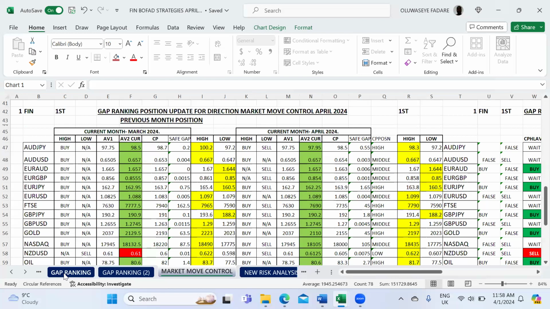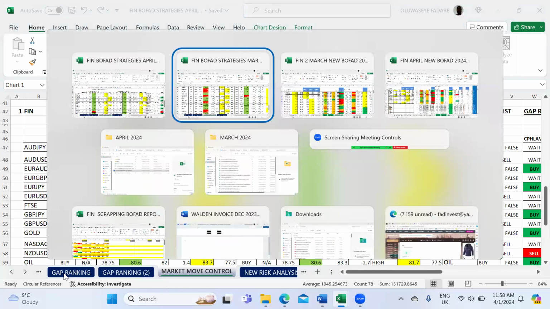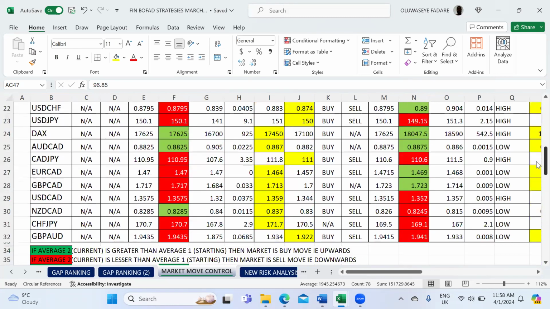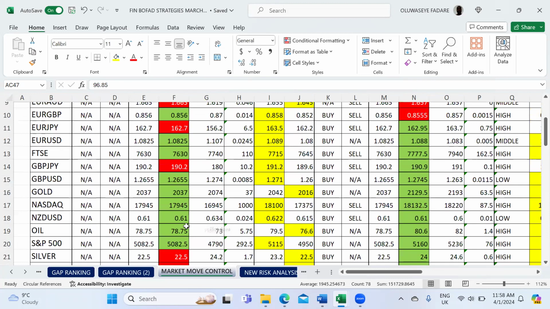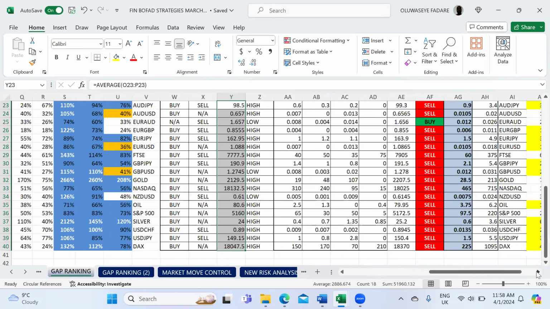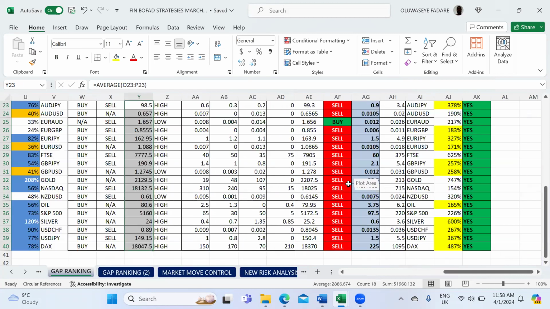Okay. So as you can see, with this information, we're able to monitor the growth in March for Bofad strategies. Okay. And so we're able to get the move of the market and also the backup prices and the actions.